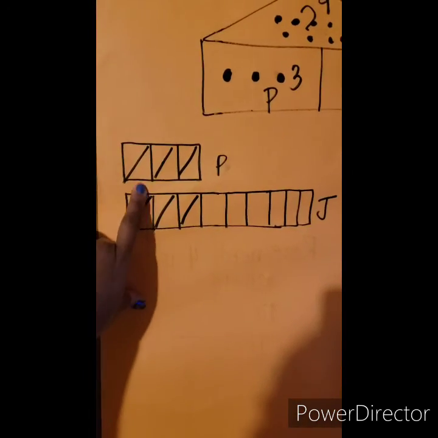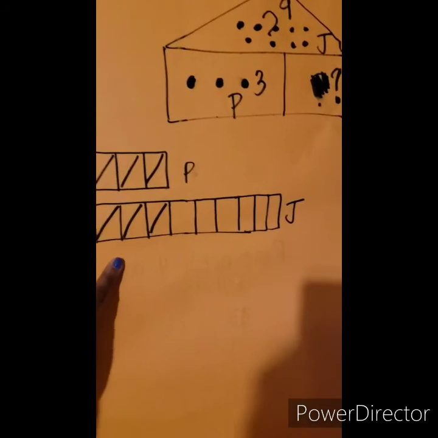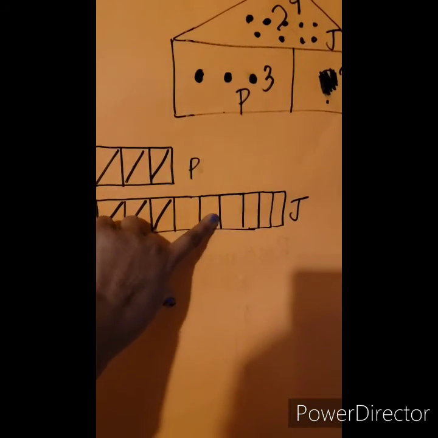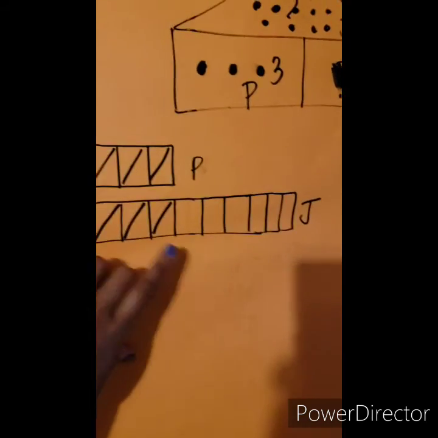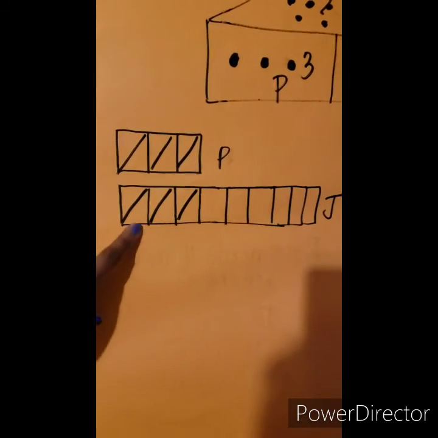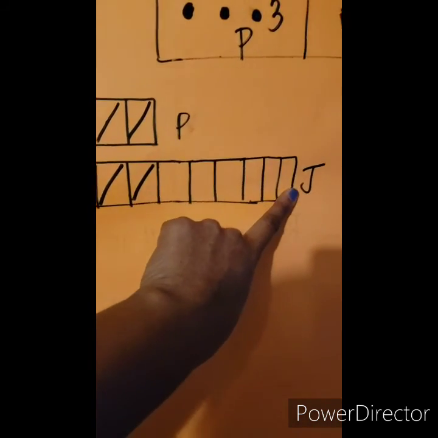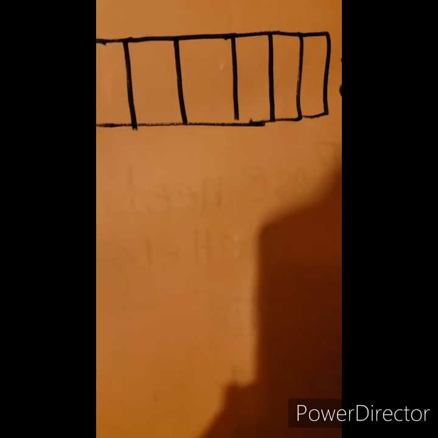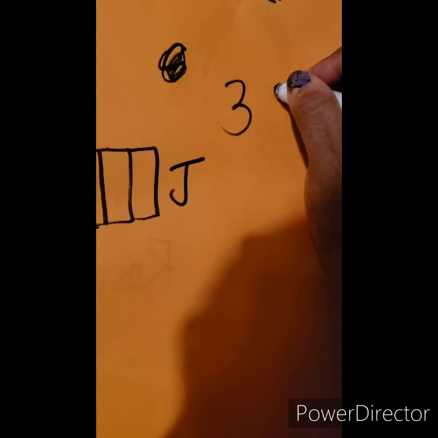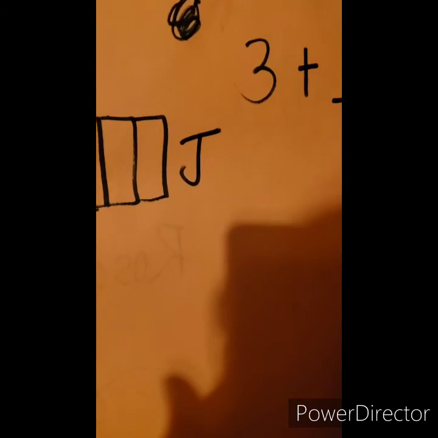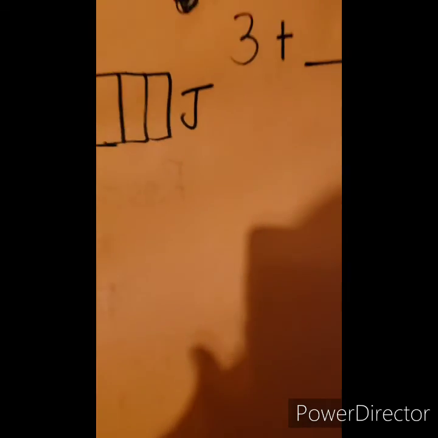All right, so if you do it like I had it set up, Peter has 3, 1, 2, 3. Julio is 9, 1, 2, 3, 4, 5, 6, 7, 8, 9. Cross off the number that Peter has up against Julio's, and you are left with 1, 2, 3, 4, 5, 6. So we know 3 plus mystery number is going to give us 9.